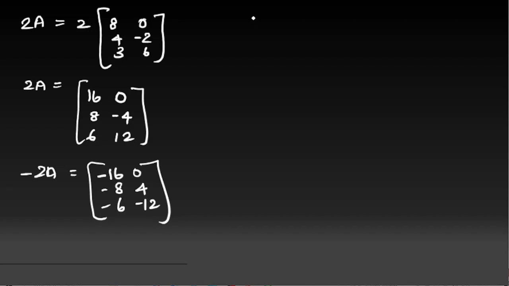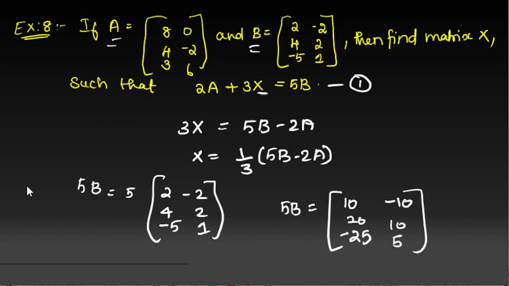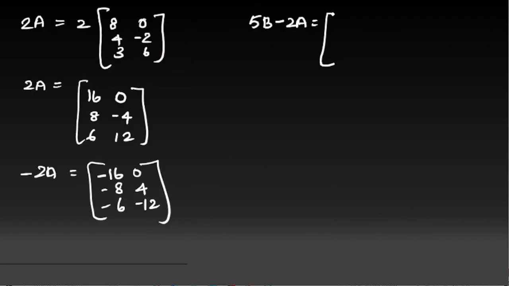Now I am going to find 5B - 2A. We already found 5B: 10, 20, minus 25, minus 10, 10, 5. Then plus minus 2A, which we already found: minus 16, minus 8, minus 6, 0, 4, minus 12.